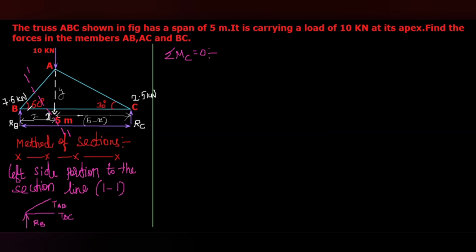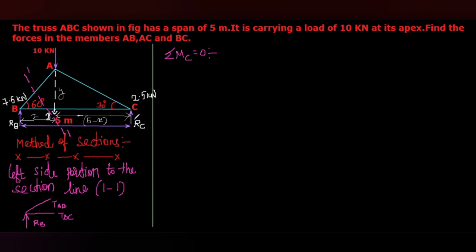As per the principle of transmissibility, to know what the principle of transmissibility is, see the reference video, the link of which is given in the description box. The tension in the member BC passes through C, so the moment due to TBC will be eliminated.